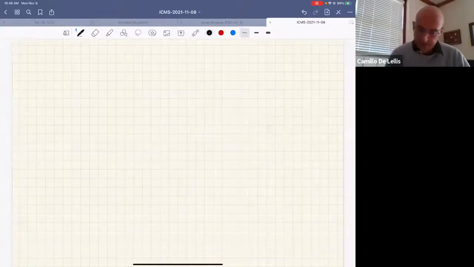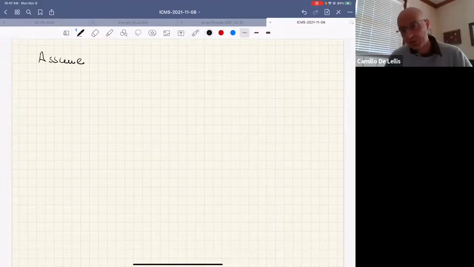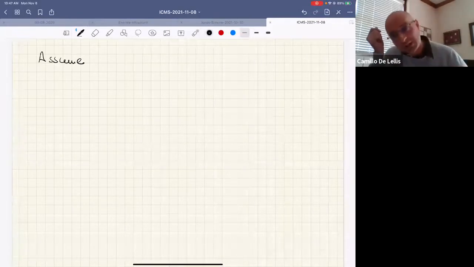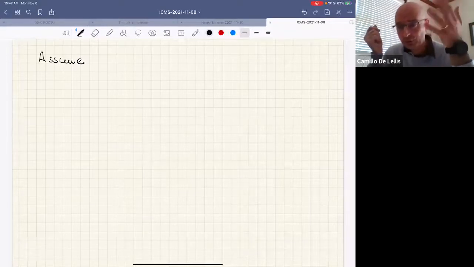I'm going to assume something which at the moment is kind of God-given, but you will see the reason for assuming this in the iteration mechanism. This is where some sort of convexity condition is hidden, and it's also one of the reasons why these methods are called convex integration.